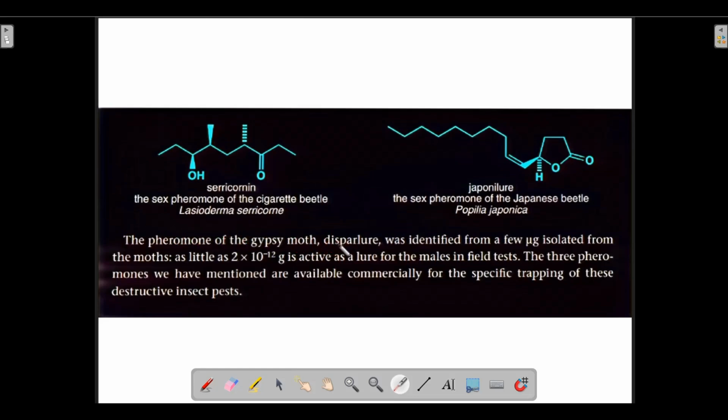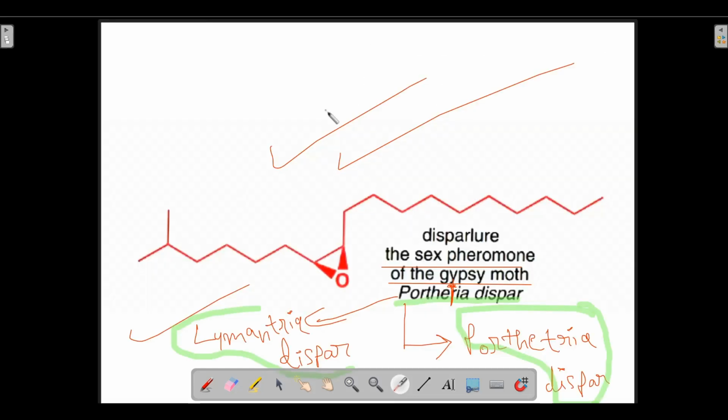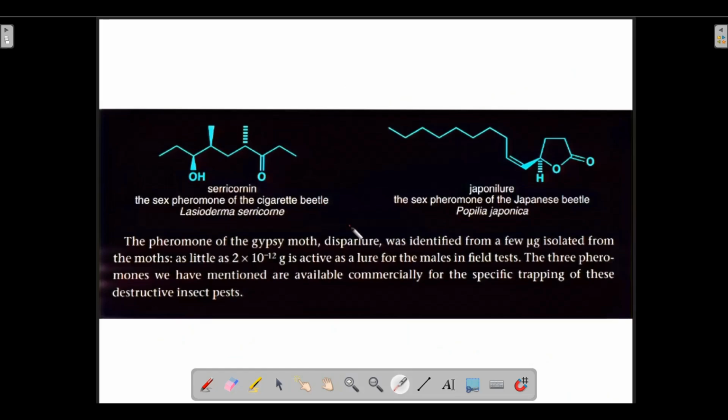The pheromone of the gypsy moth is disparlure. How does disparlure look? I have told you disparlure is a compound like this. It was identified from a few micrograms isolated from the moths. The moths were trapped, and a few micrograms of disparlure were isolated from them.